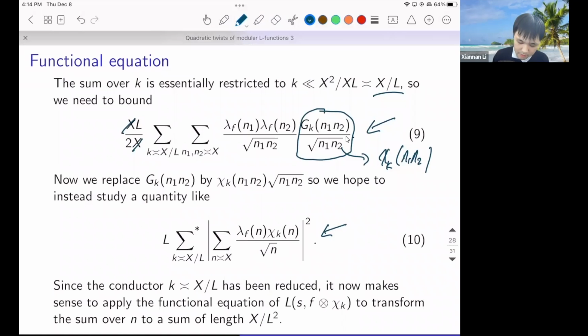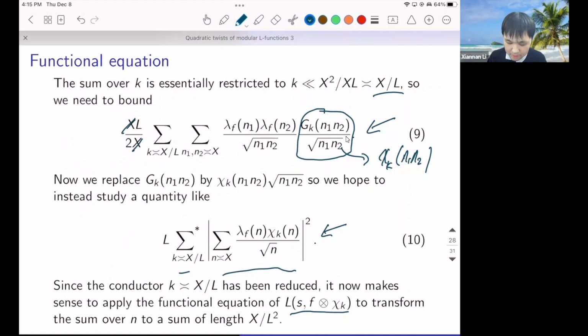There's a sum over k square free, and then a sum over n that looks like what we started with, all squared, except that now k is smaller. It's of size x over L. And because it's smaller, it then makes sense to apply the functional equation of some appropriate L-function to also transform the sum over n into something shorter. And that's the last step in this iterative process that I talked about.